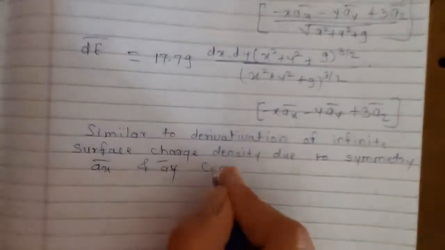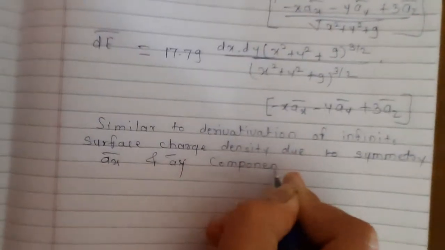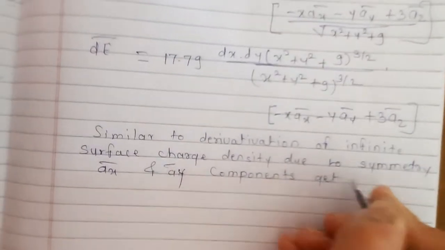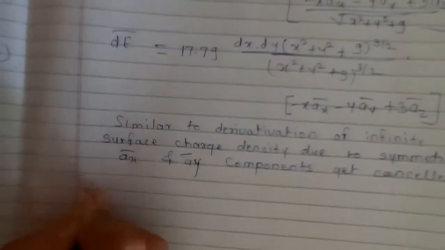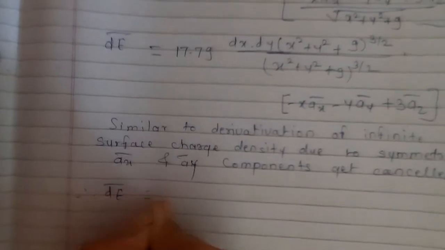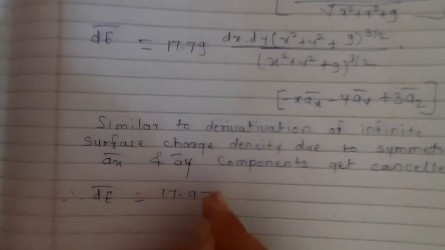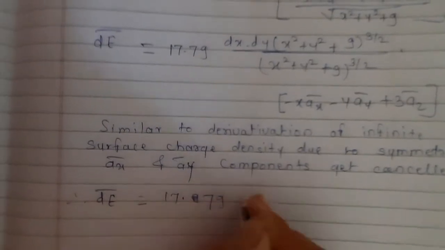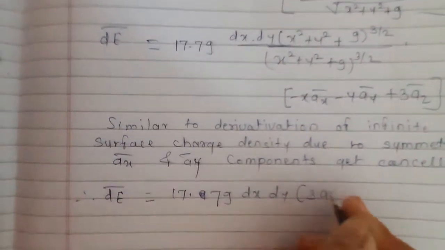Due to the symmetry, the ax bar and ay bar components get cancelled. So dE bar is equal to 79 dx dy 3 az bar.